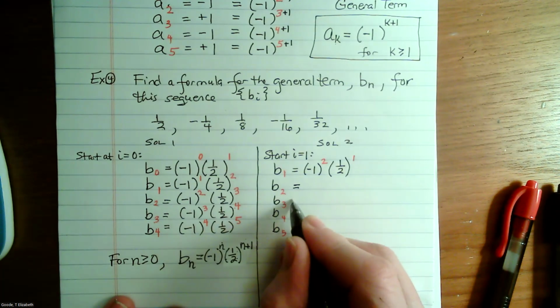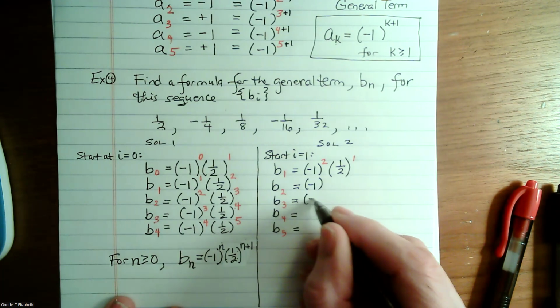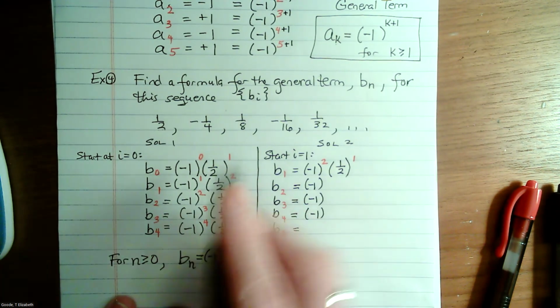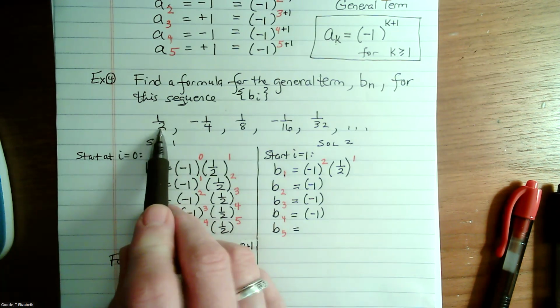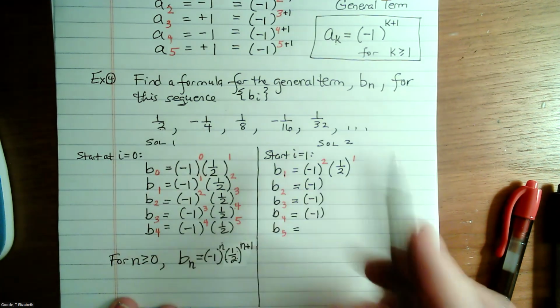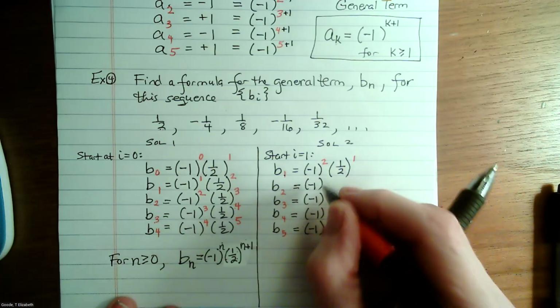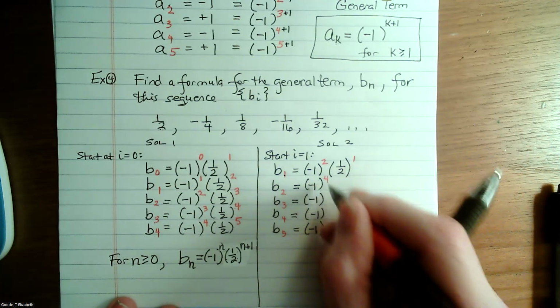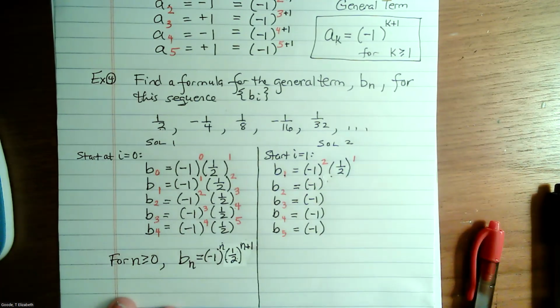So if you just look through this, it looks like, since we want the odd index terms like B1, B3, B5 to be positive, we know we can't use the odd index. We have to add 1. Oops, should be a 3, because we want the even ones.